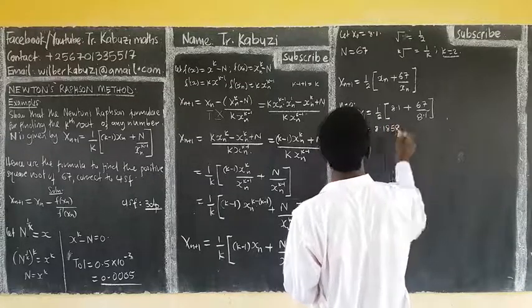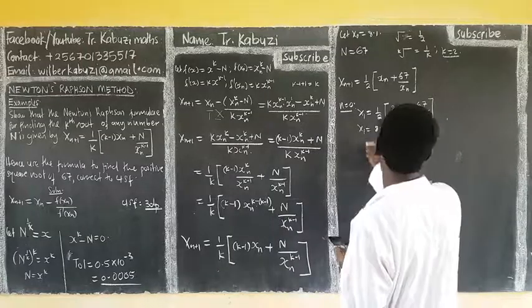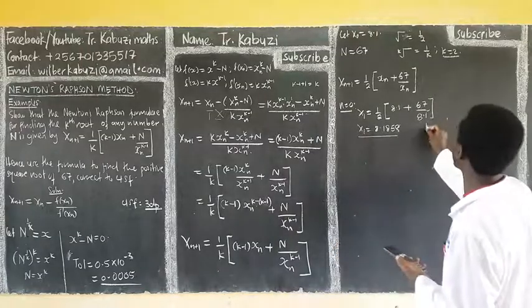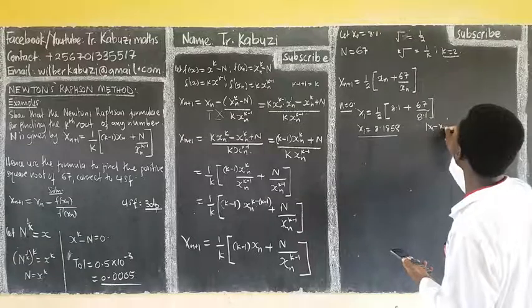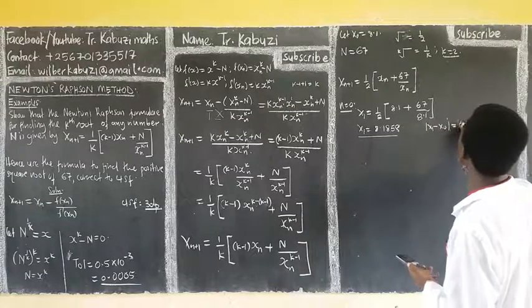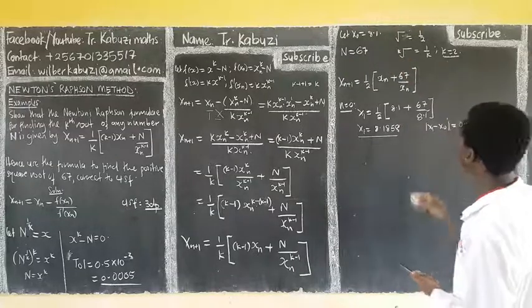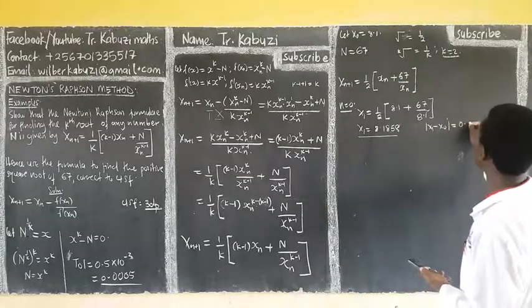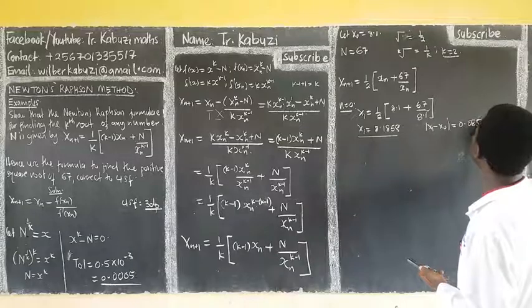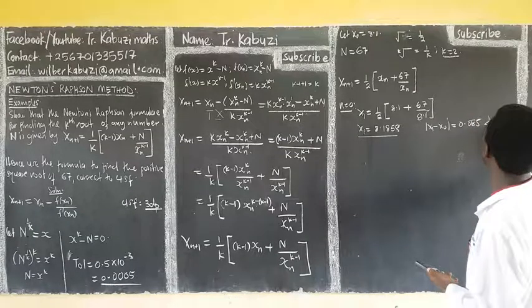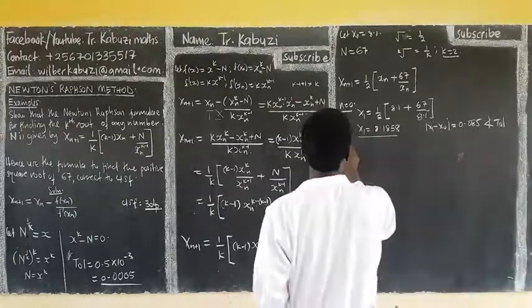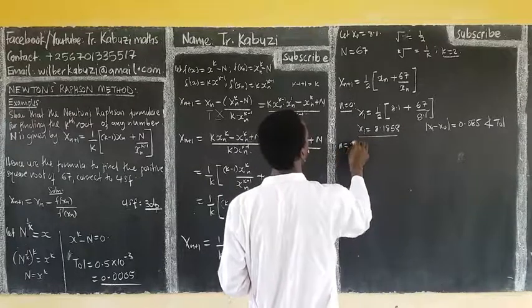If you get the error, x1 minus x0, when you subtract you get 0.085, which is not less than the tolerance. So you go for the next iteration.